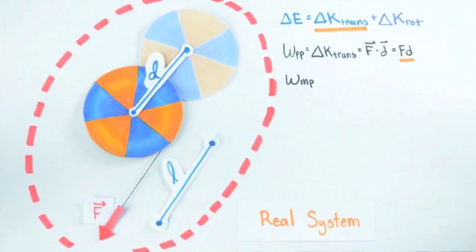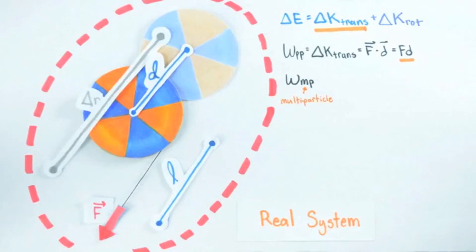Now, here's where we need to be careful. When we compute the work for each force in the full problem, the multiparticle situation, the displacement that we use is the displacement through which the force actually acts. That is, the displacement at the point of application of the force.